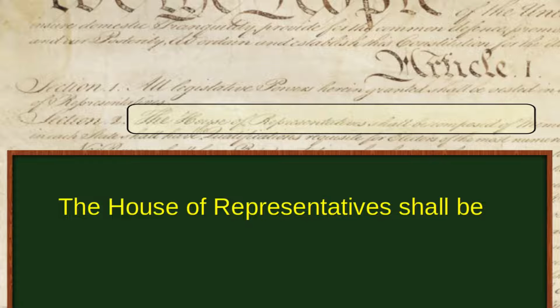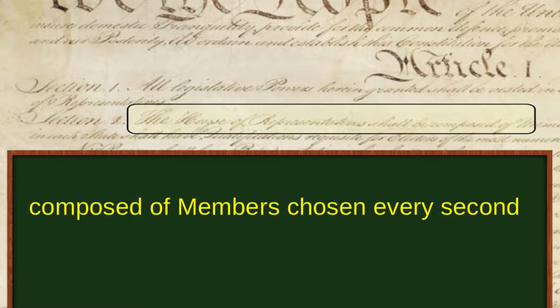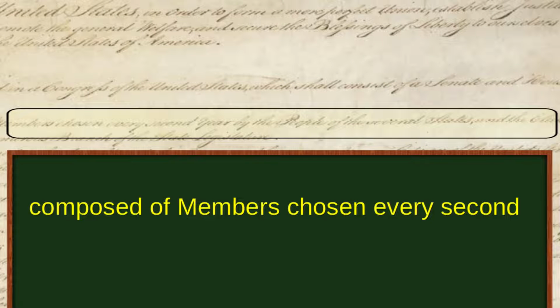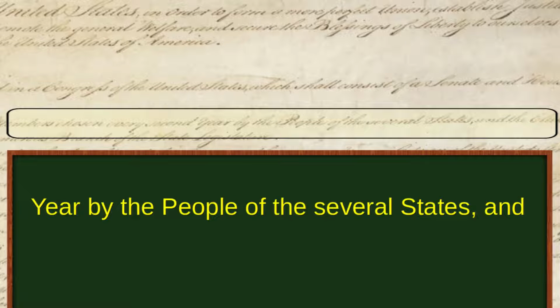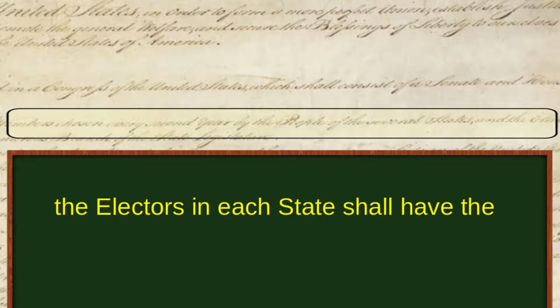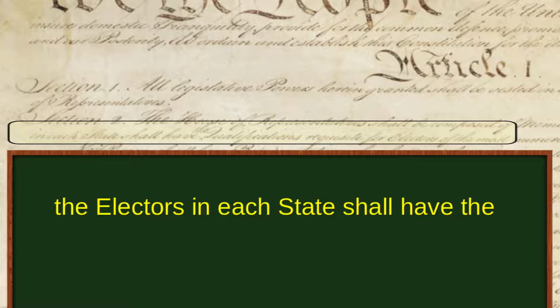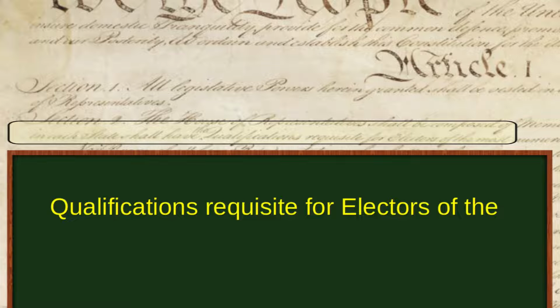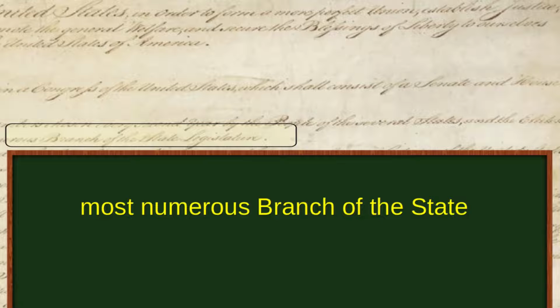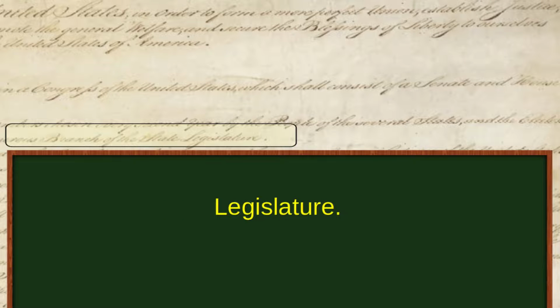The House of Representatives shall be composed of members chosen every second year by the people of the several states, and the electors in each state shall have the qualifications requisite for electors of the most numerous branch of the state legislature.